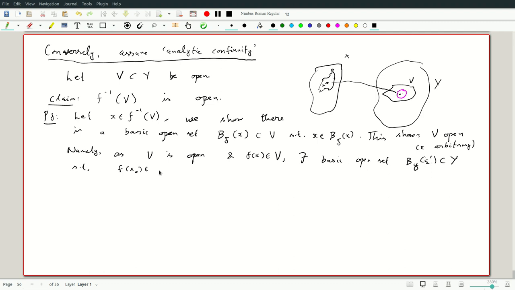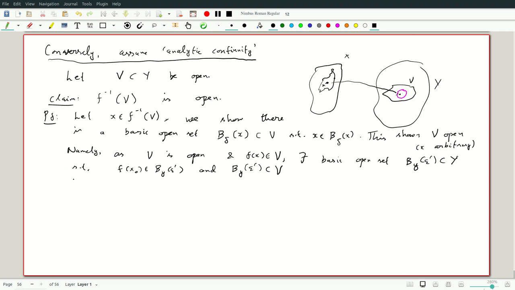This is contained in Y such that f of x naught belongs to this basic open set, and this ball is contained in V. Okay, so clearly, since we have used it twice, we should have encapsulated this as a lemma. We'll do that post facto.